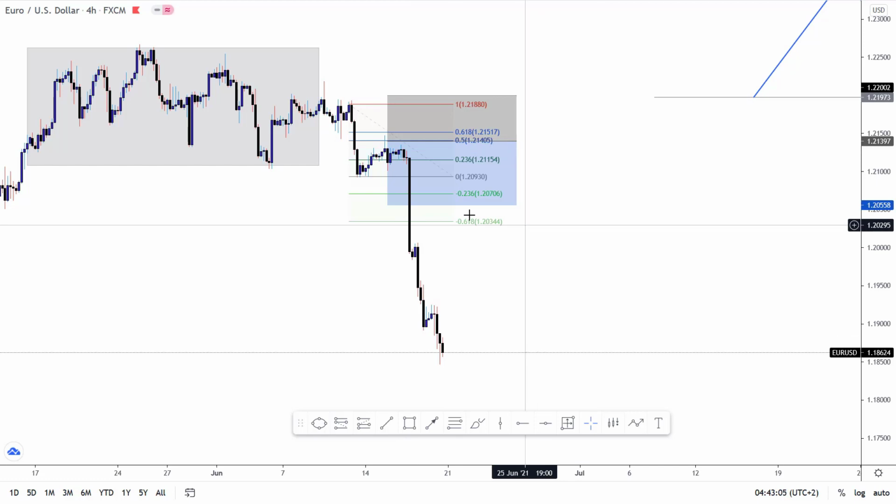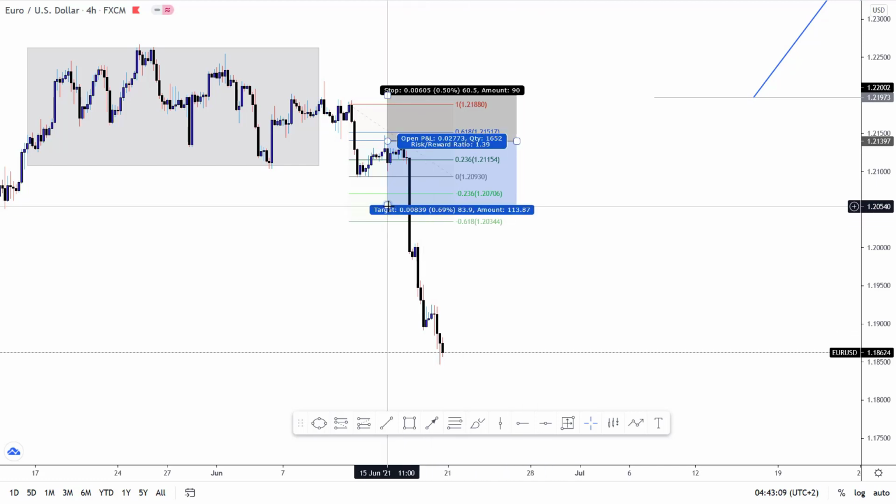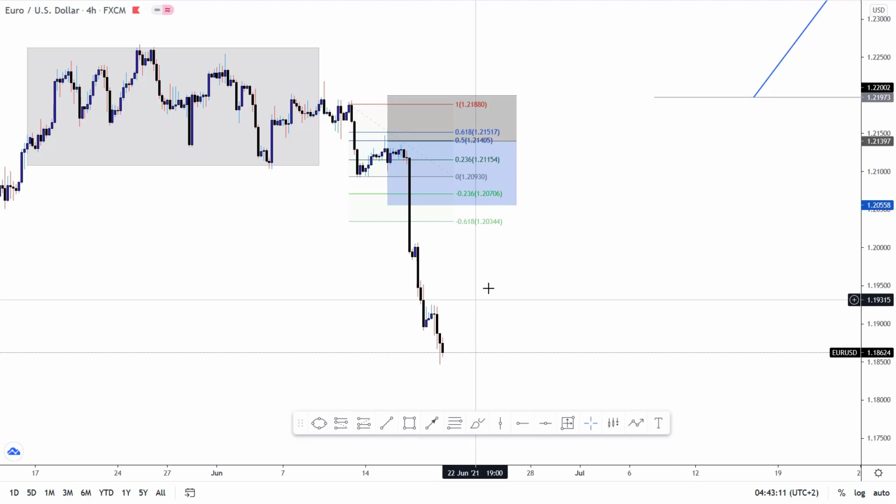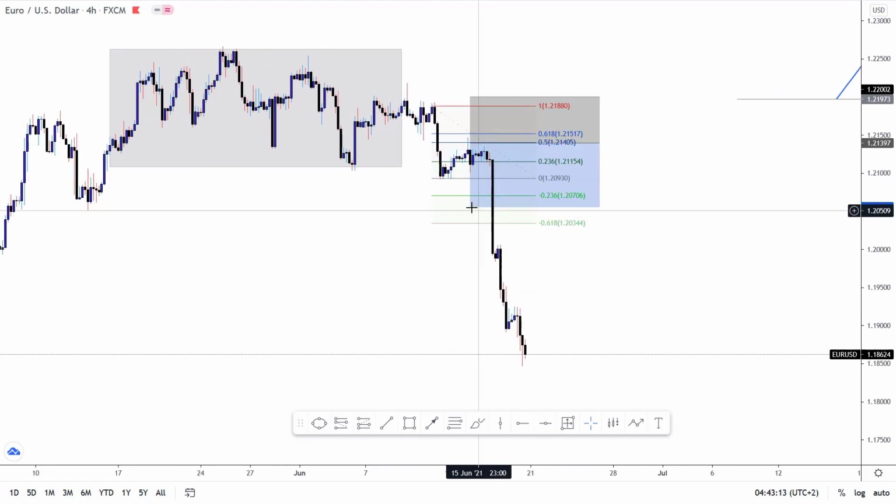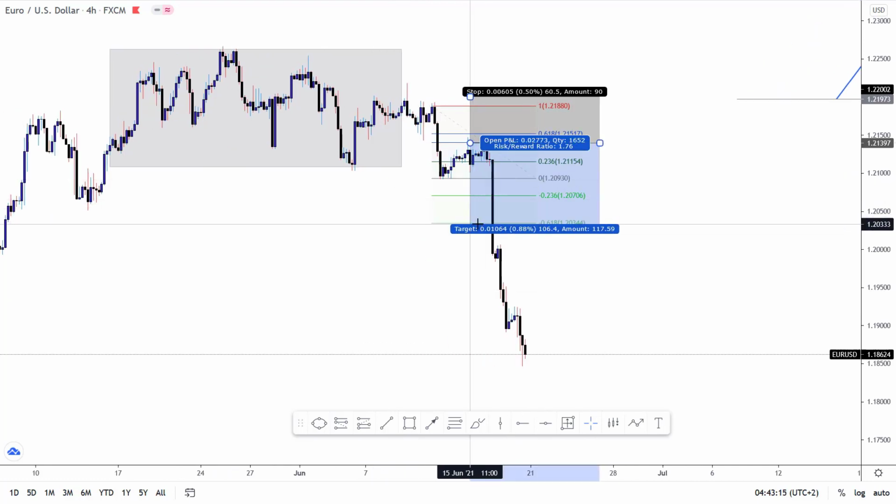I always try by all means to make my trade a 1:2. I don't trade anything less than that. So in this instance, because we're using the Fibonacci, I'll use my negative 61.8 level here, because we're just using the Fibonacci.